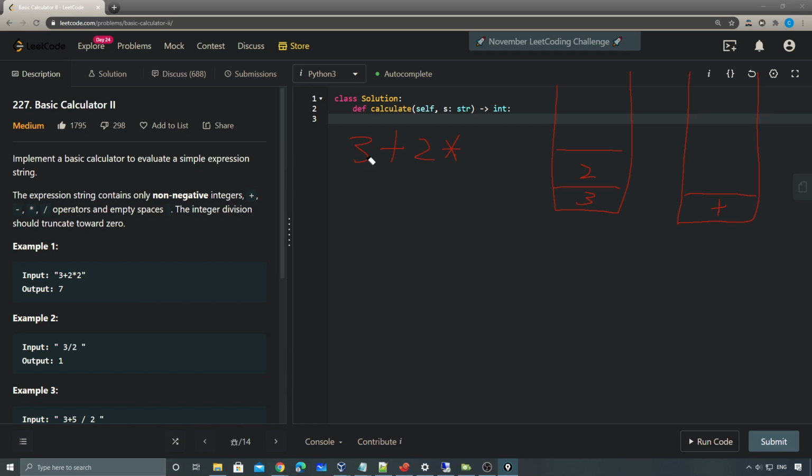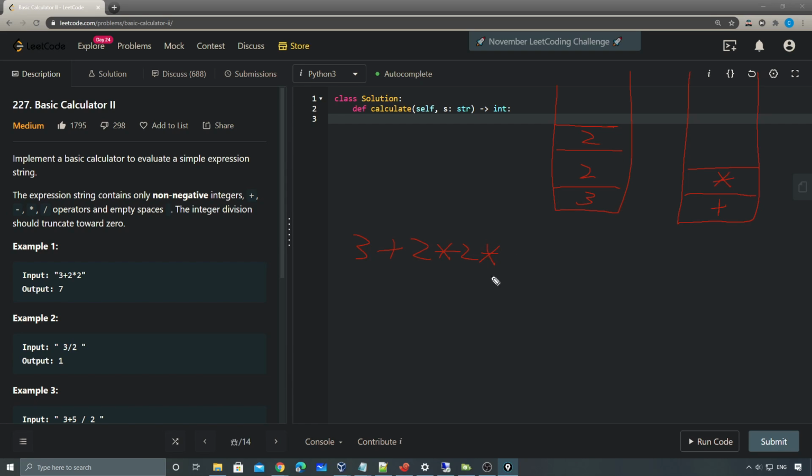So when can we start calculating? Let's say we have 2 plus 3 times 2, and then there's another multiply here, and then another 2. That's our current stack.